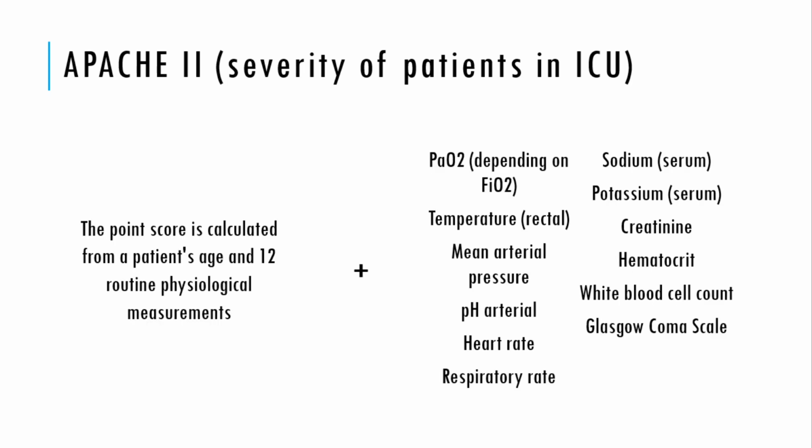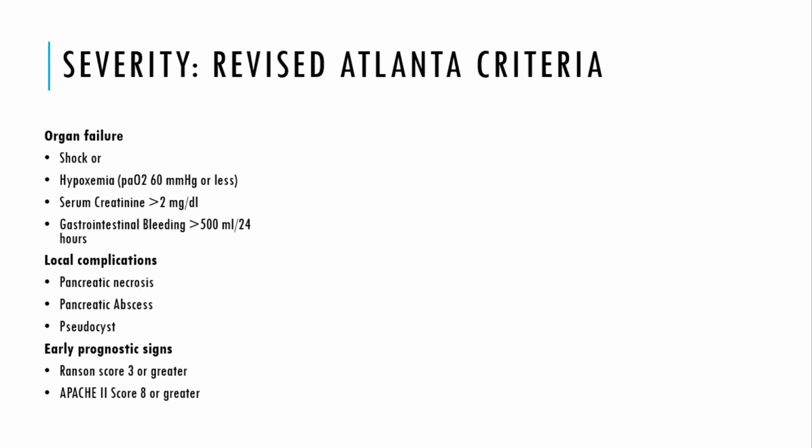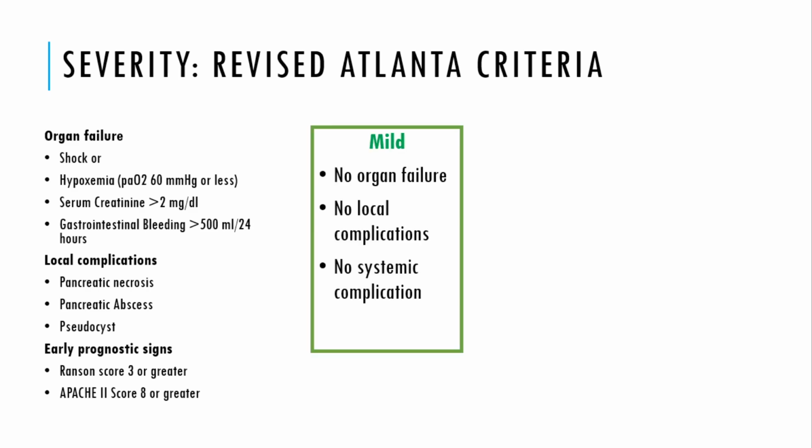It is a point score that is calculated from the patient's age and 12 routine physiological measures, including PO2, temperature, blood pressure, pH, heart rate, respiratory rate, and a lot of measurements from the blood test, and finally the Glasgow Coma Scale.